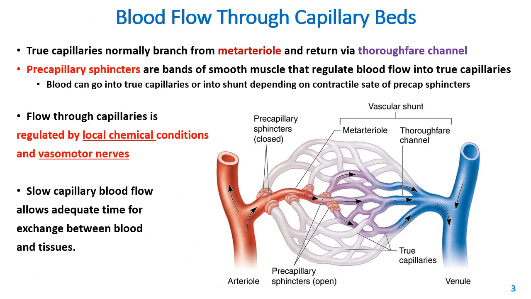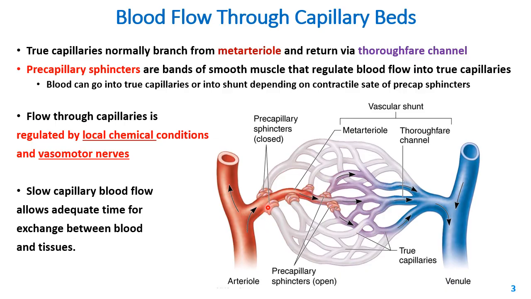And here is an example of this vascular shunt. The vascular shunt is usually referred to when you have, in the middle here of your capillary bed, this arteriole that serves also as anastomosis. But this arteriole branches out. So for each one of those branches that go to capillaries, you have those little sphincter muscles that can either be in an open or closed state.